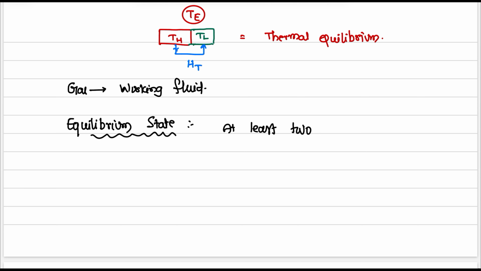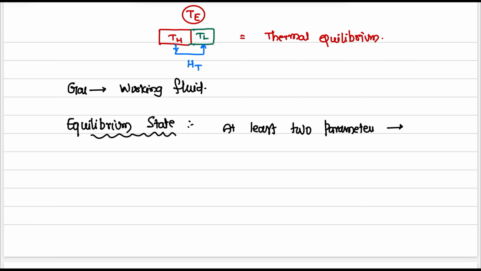A state of a working fluid or state of a gas can be understood by at least two specified values, two parameters rather, and the parameters defining the thermal properties.